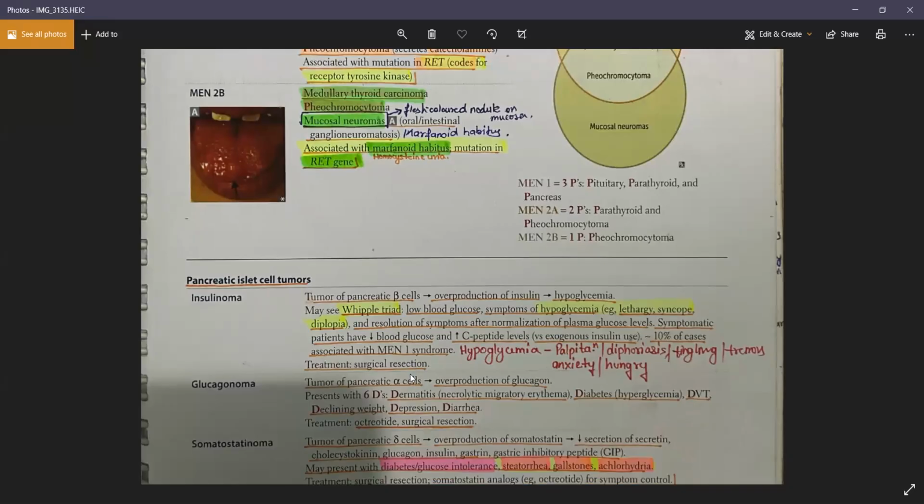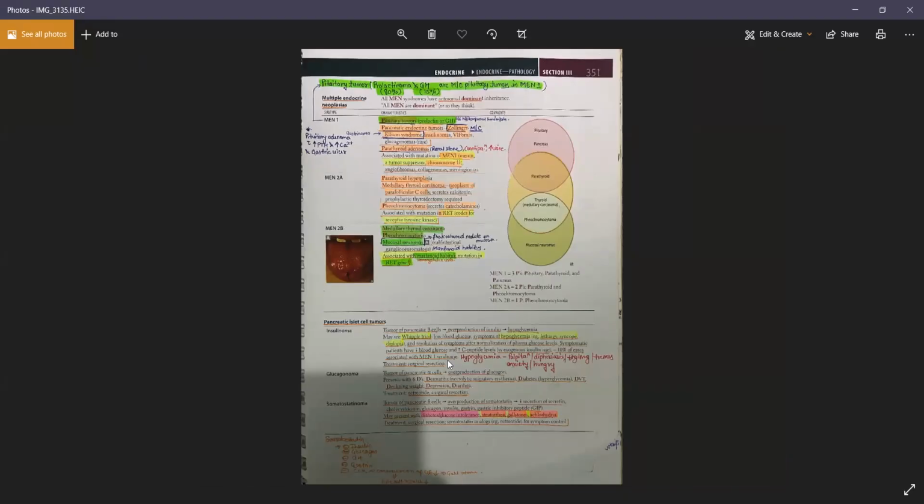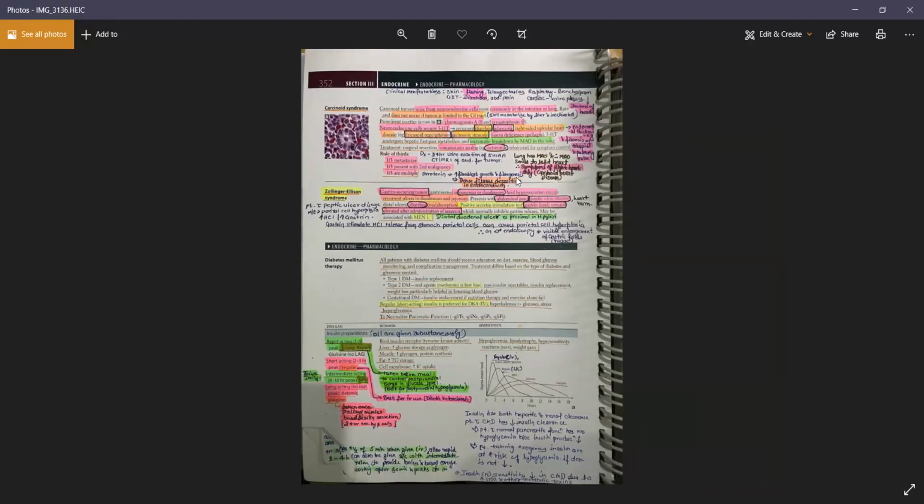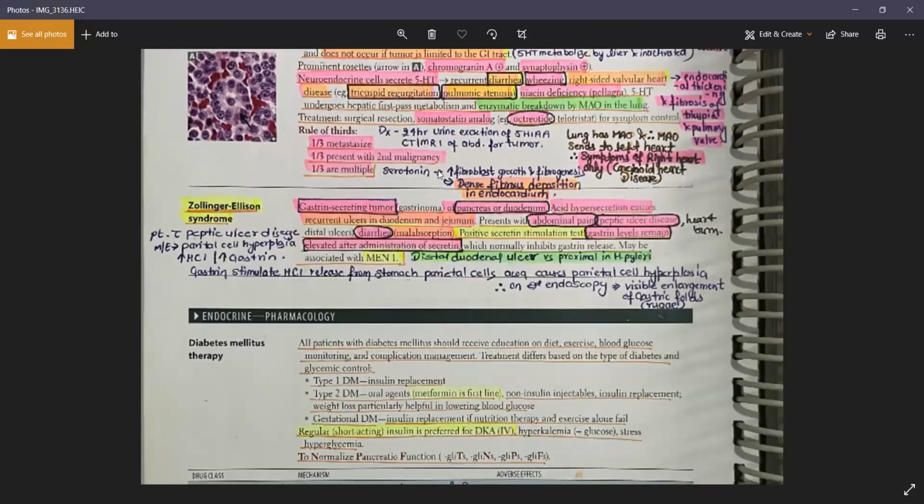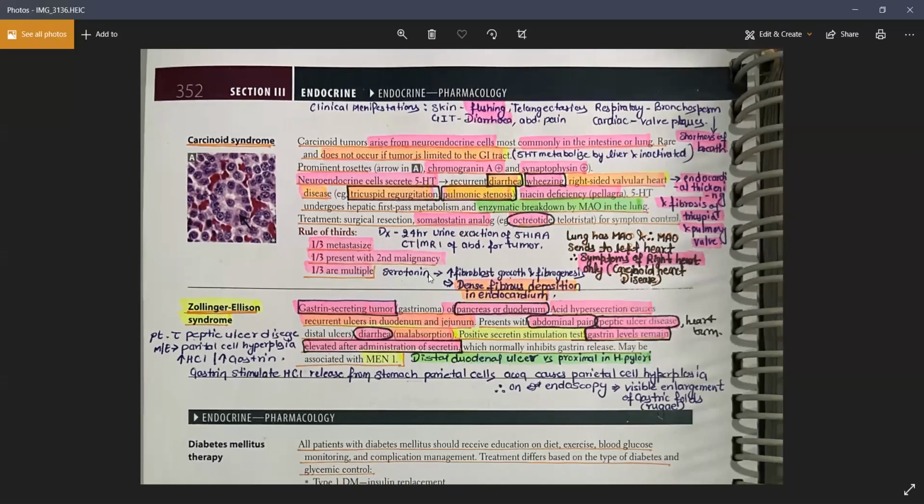I just remember what is written. Okay, never mind. Thank you. It's all about the efficacy, I think. It may not be very efficacious in the case of insulinoma, so you are not giving it. Okay, so might be the case.